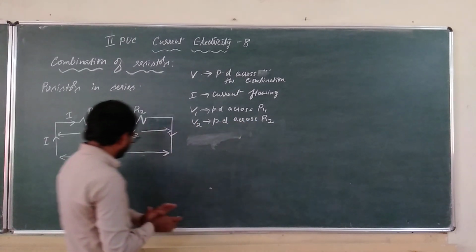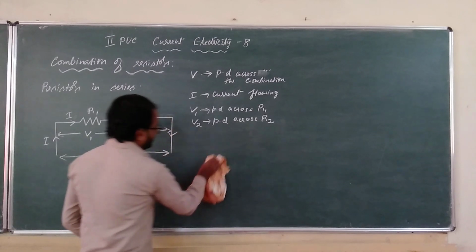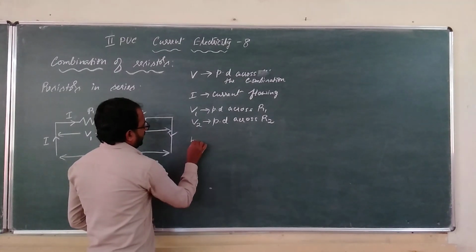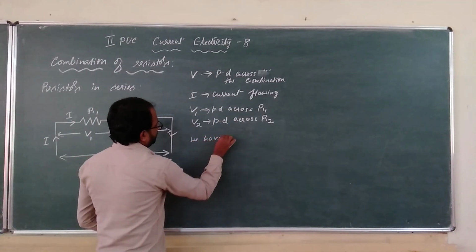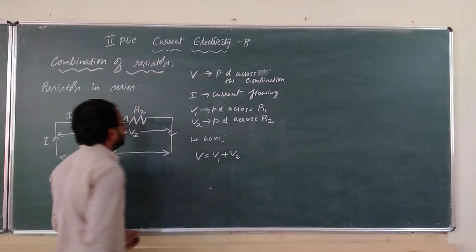I will write the net potential across the combination V in terms of V1 and V2, the individual potential differences. So from the circuit, V is equal to V1 plus V2, right?